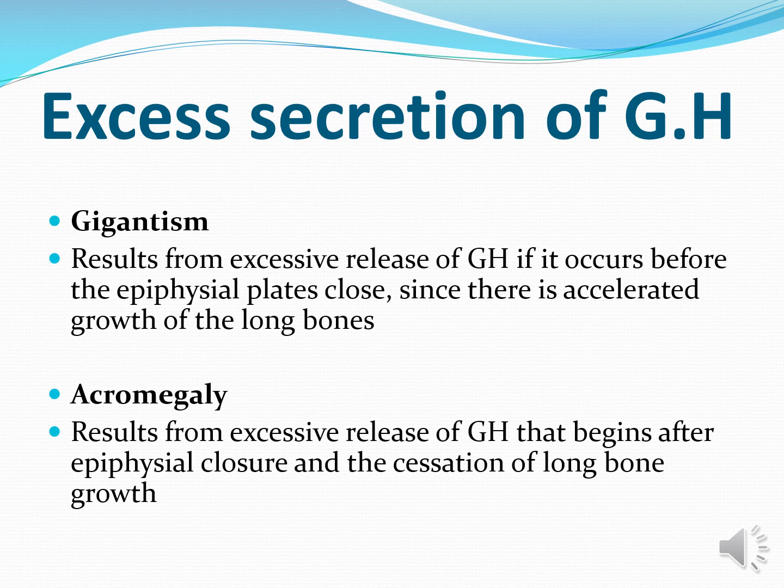So, the symptoms differ in these two groups. In both groups, there is excessive release of growth hormone, but presentation differs due to the disease occurring after or before the epiphyseal closure.